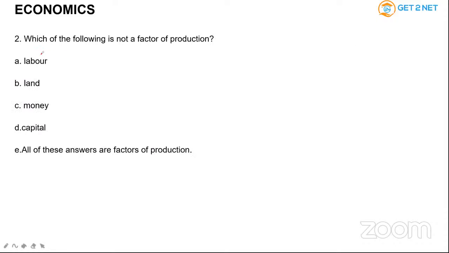Next, which one of the following is not a factor of production? Is it land, labor, money, or capital? All of these are factors of production. What is it?